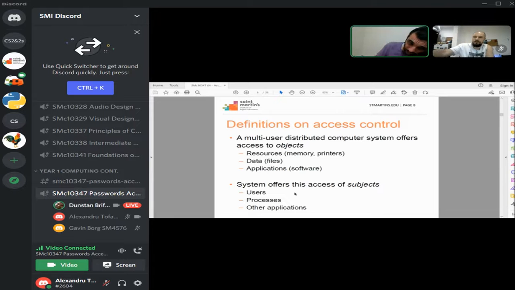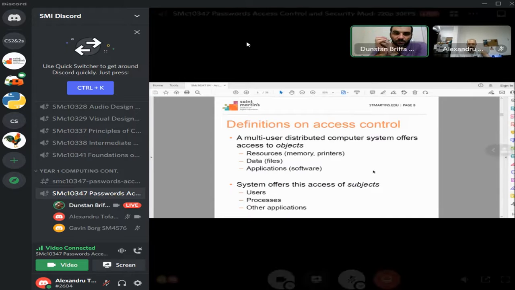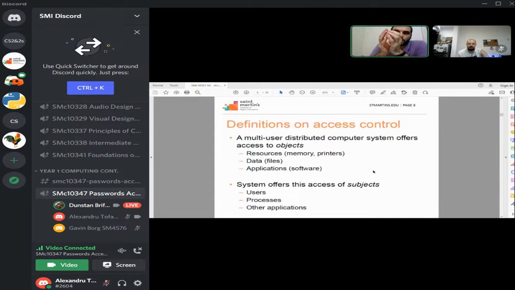Two important terms which we use a lot in access control are the terms objects and subjects. It's important that we are able to identify and distinguish between these two. An object is basically the resource, what we want access to. That could be a file, it could be actual physical access to somewhere, or something.